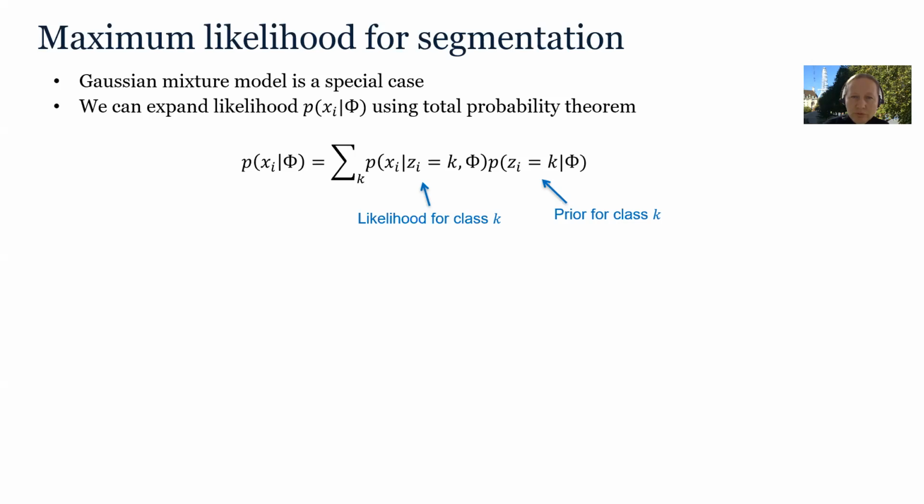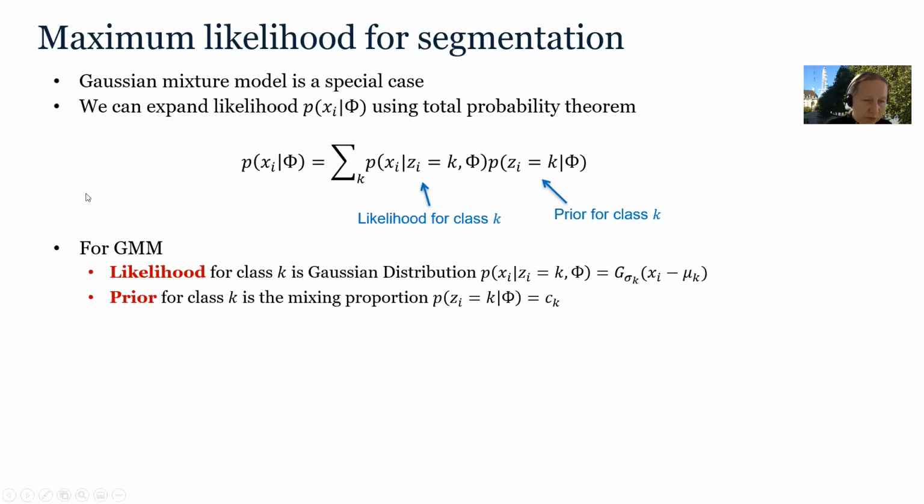We can apply the total probability theorem to this likelihood, and we then get the likelihood for each class, depending on the label k this time, multiplied by the prior probability for this class. That's the probability of observing this class if we don't know the intensity yet. And we sum this up through all the classes. That will give us the overall likelihood.